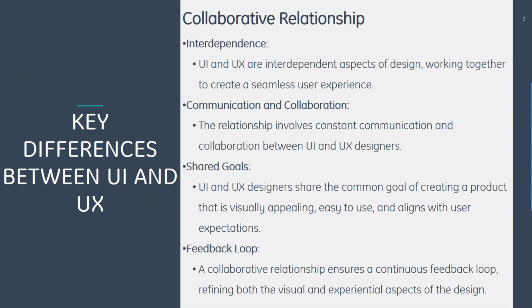UI and UX designers share the common goal of creating a product that is visually appealing, easy to use, and aligns with user expectations. Then we have the feedback loop. A collaborative relationship ensures a continuous feedback loop, refining both the visual and experiential aspects of the design.